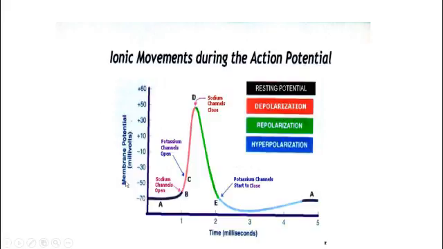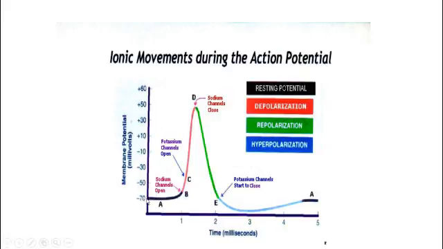Here's our membrane potential in millivolts, and you can see that our resting potential, when nothing is happening and the neuron is at rest, is a negative 70 millivolt difference between the inside and the outside of the neuron membrane. So inside the nerve cell, it's negative 70 millivolts versus the outside being 0.